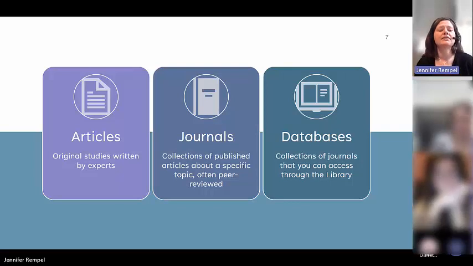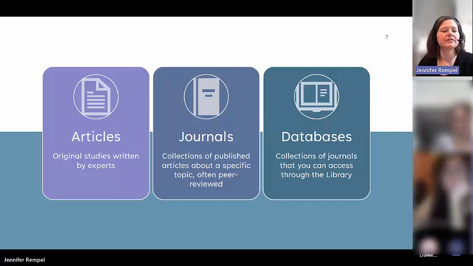These journals are then collected into databases, which we subscribe to electronically. Of course, print journals still exist, but they're not as relevant in our online situation here. Again, these are collections of journals that you can access through our library subscriptions. This will become a bit more clear, I hope, as we go.